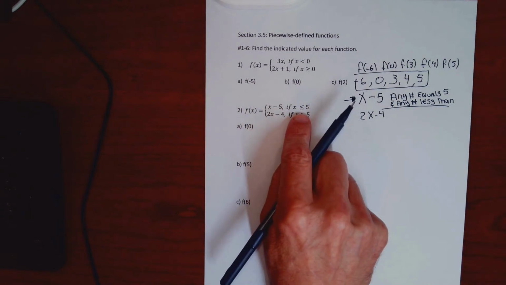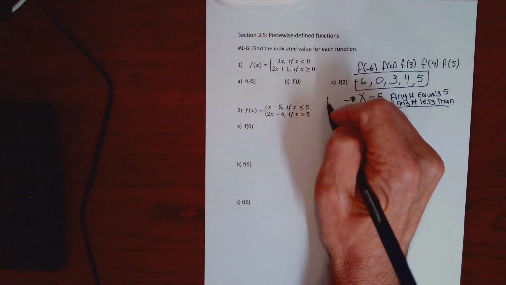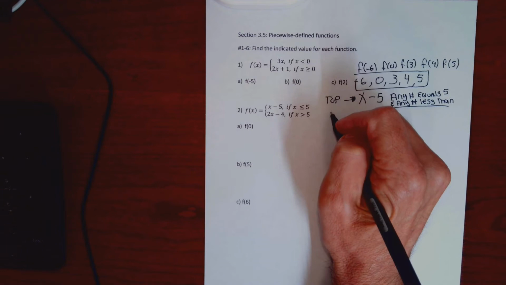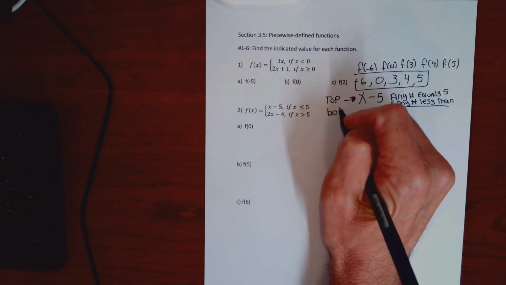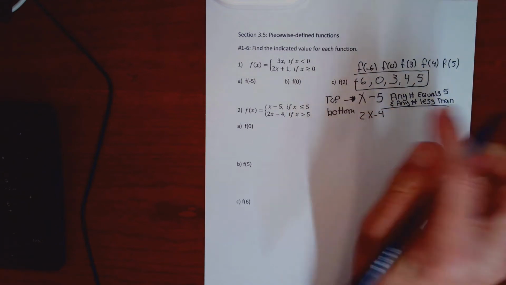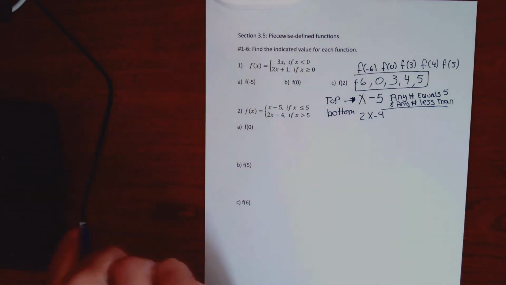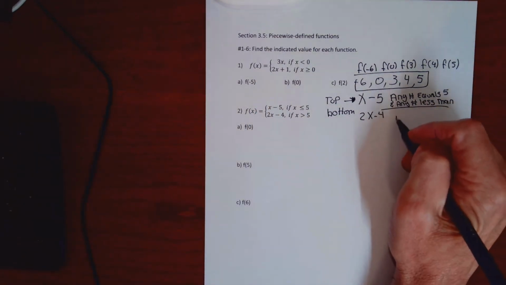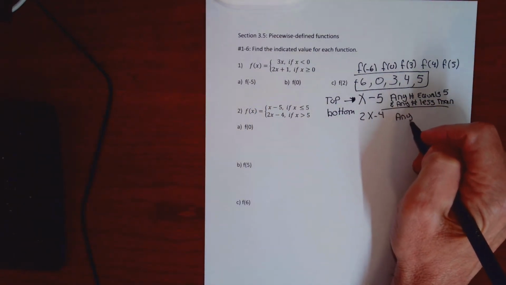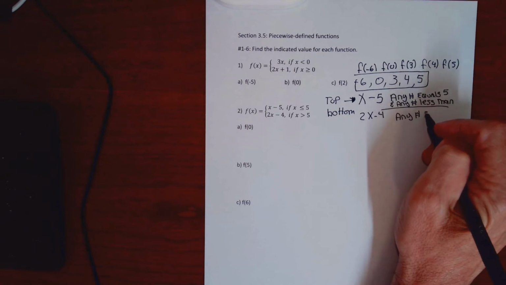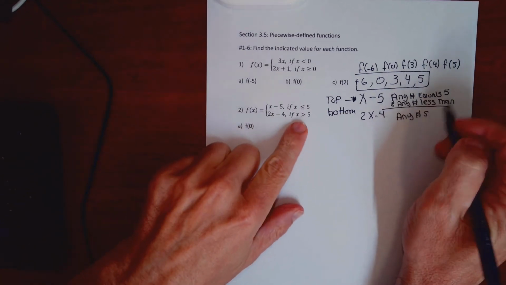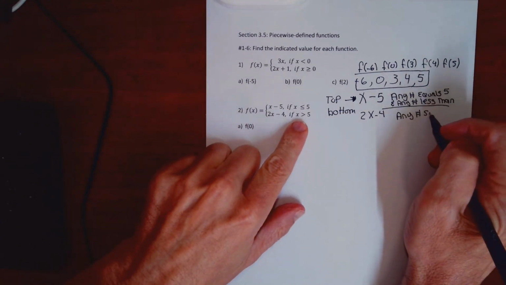Because the instructions say any number that's equal to 5 or less than 5, if you're going to plug it in for x, you need to plug it into the top choice. The bottom choice, the 2x minus 4, I would only plug in values that are strictly greater than 5, because this says x is greater than 5.